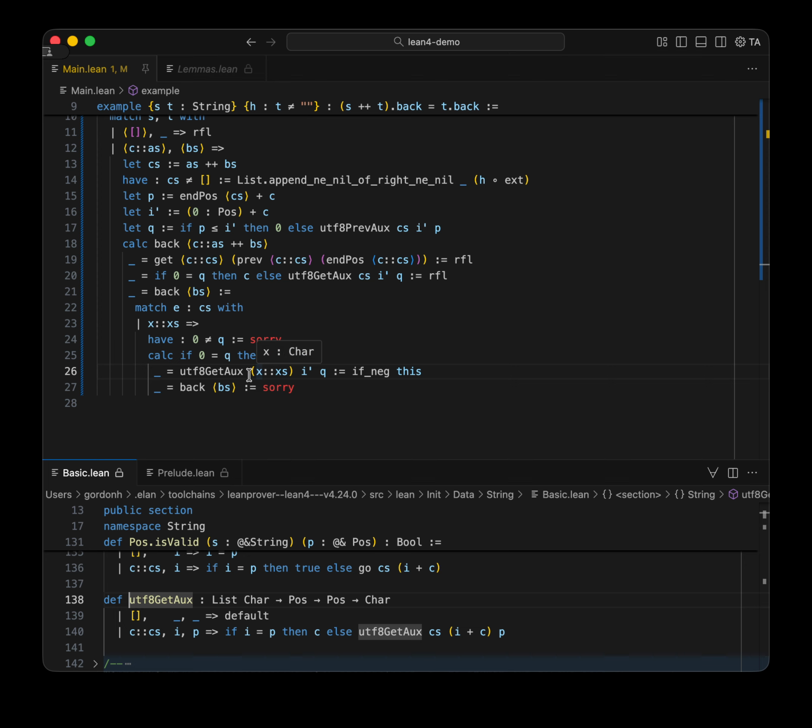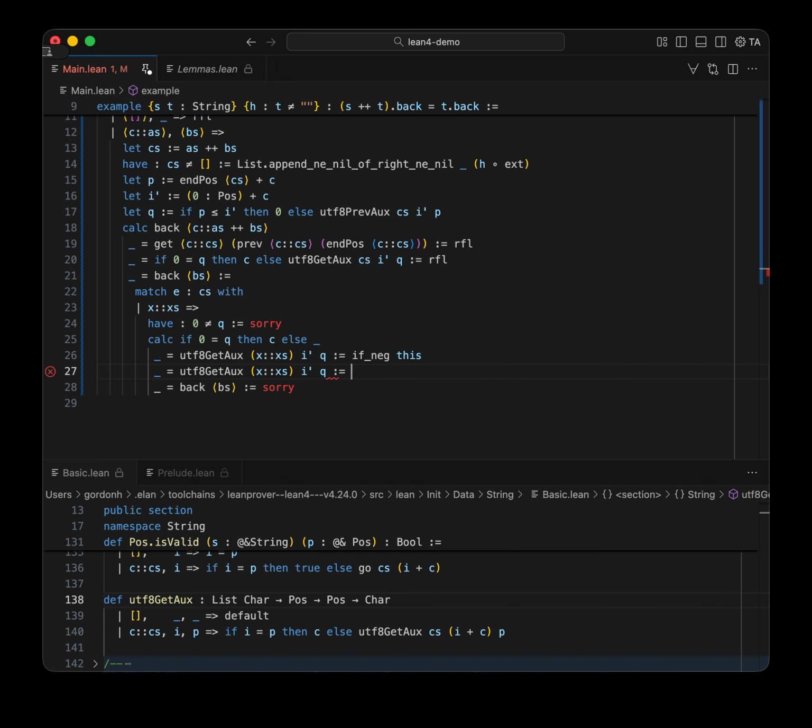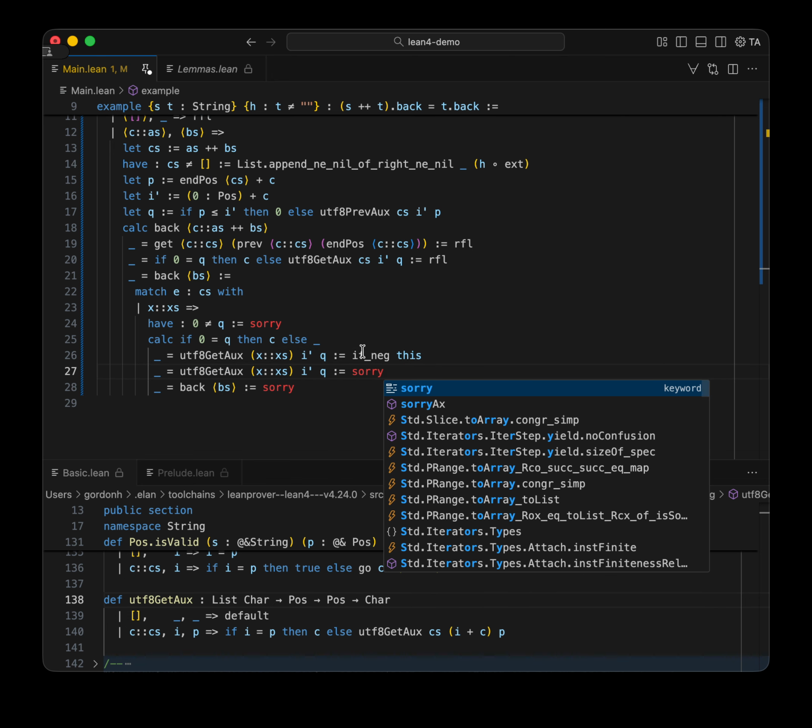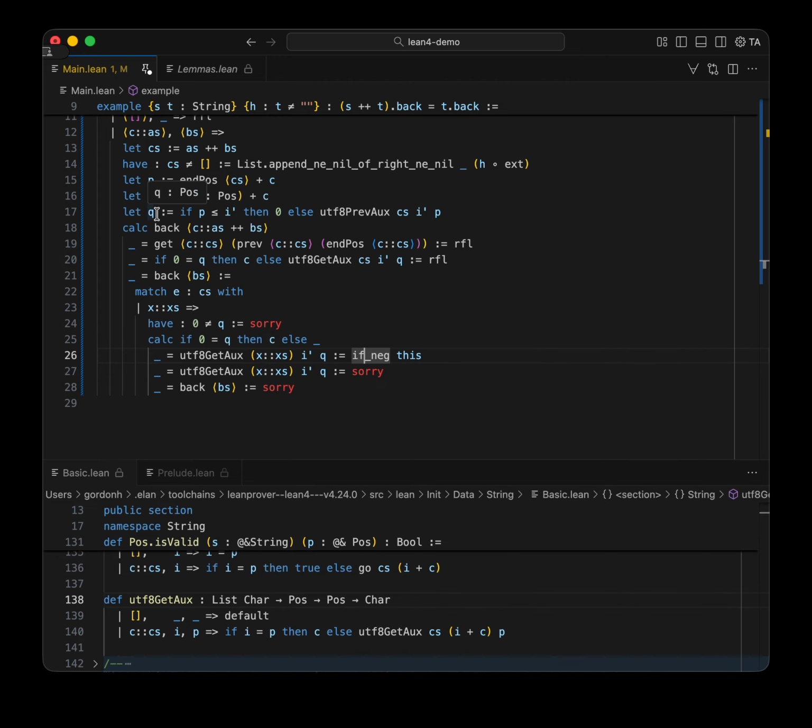Should I unfold this, or just leave it like this for a while? Okay, let me try to unfold Q. Let's see what Q is. This is Q.